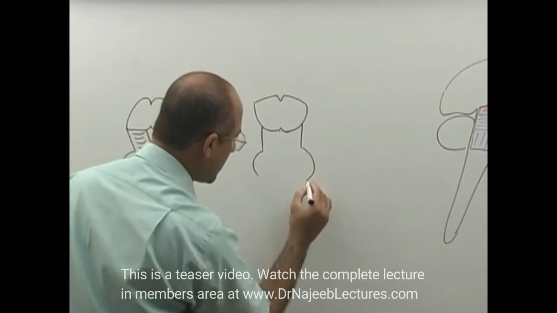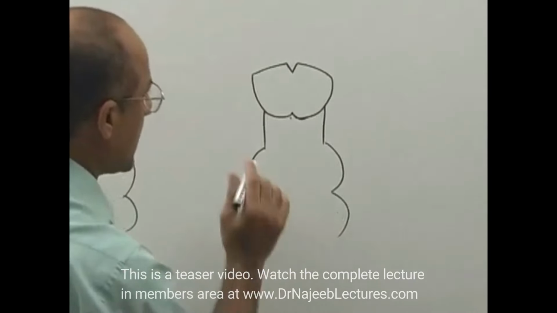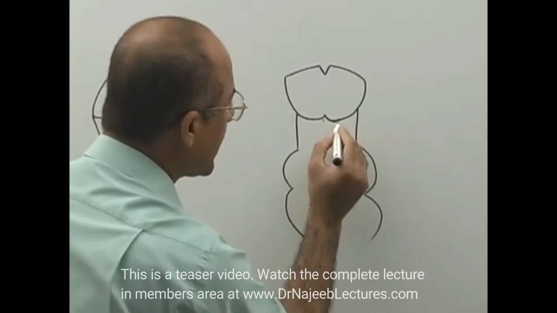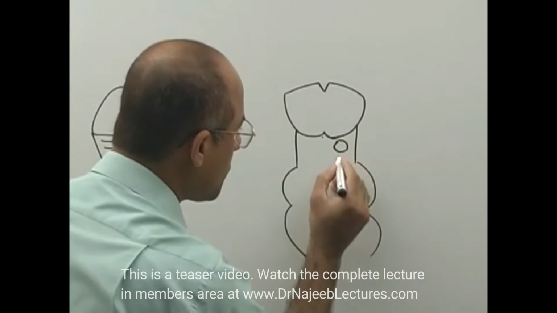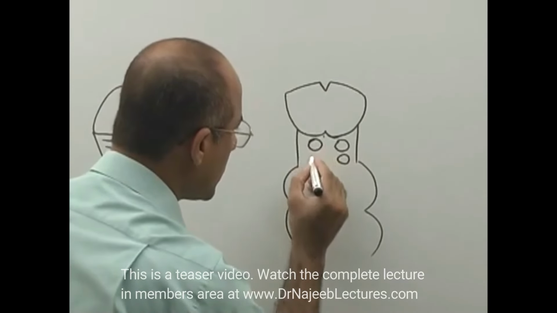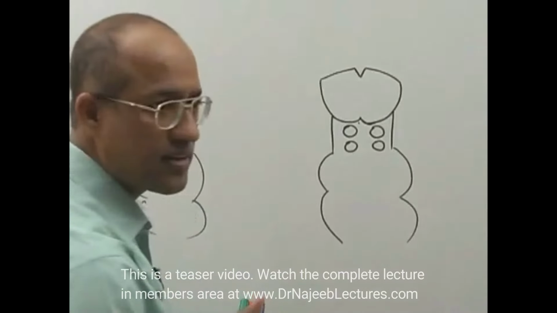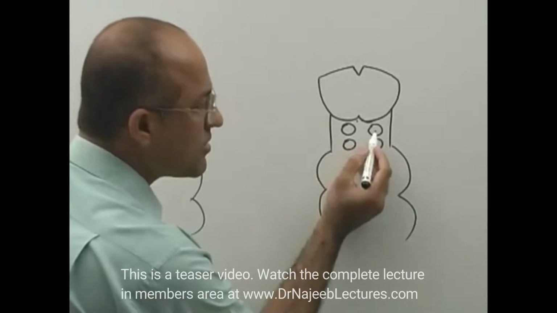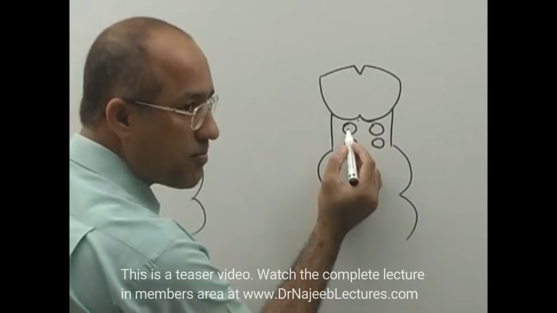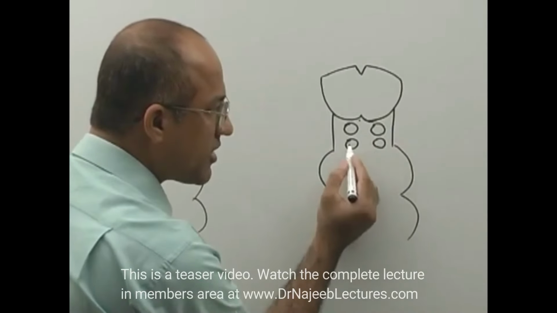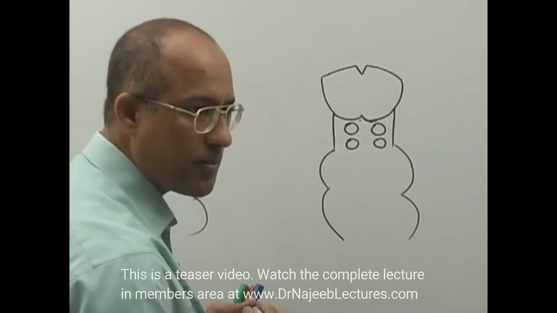This is the back of the pons and this is the back of the medulla. On the back of the midbrain, what we really see are four swellings. There are two swellings at the upper level and two swellings at the lower level of the back of the midbrain.